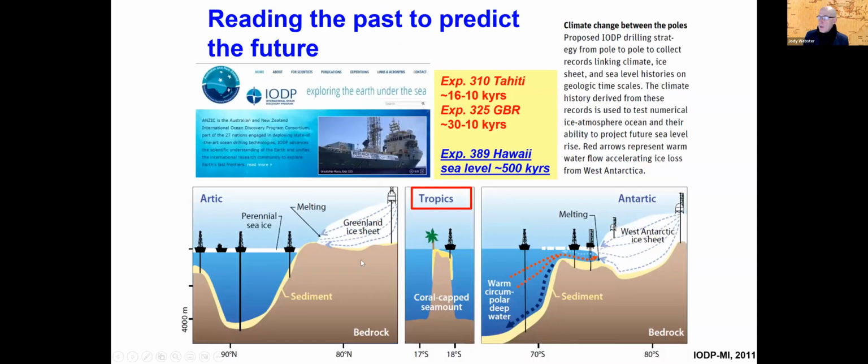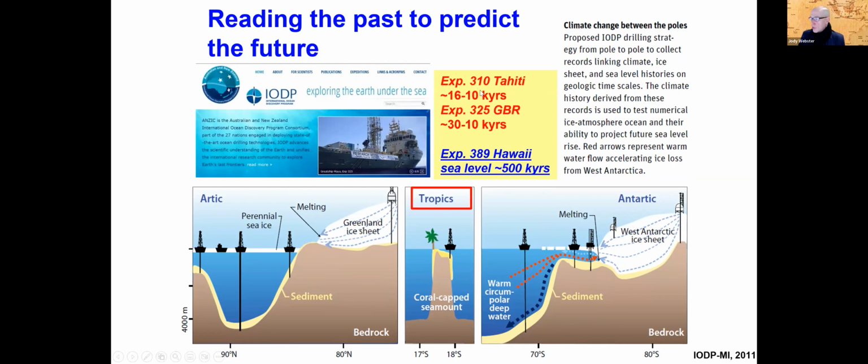And so this is part of a longer term plan for IODP that has been working on in various iterations. Basically, this idea of looking at both the Arctic and Antarctic, so-called proximal records of ice sheet decay and growth, as well as also looking at the tropics as so-called far field sites to reconstruct new records of sea level change.